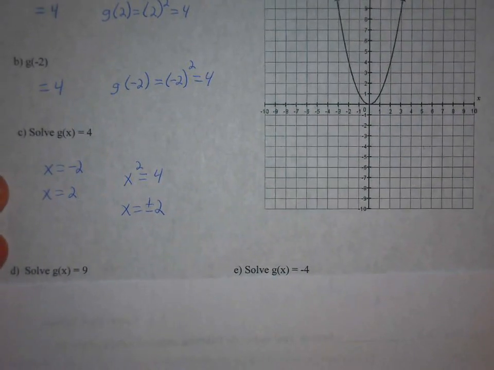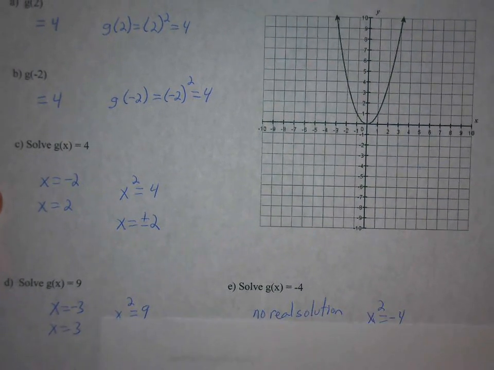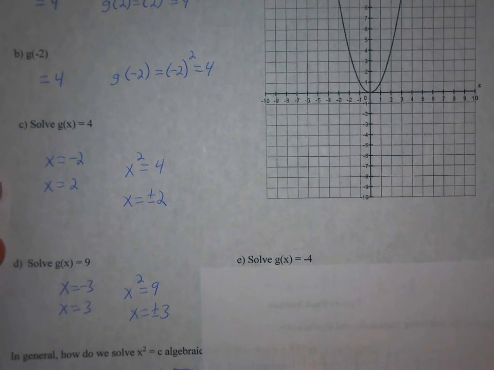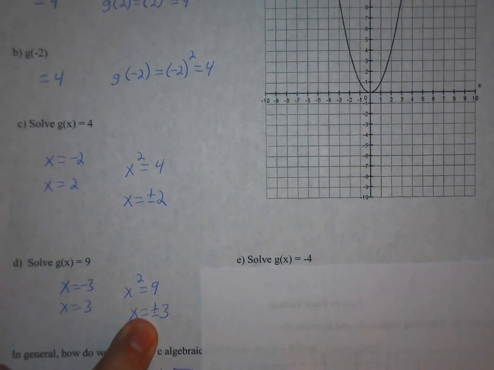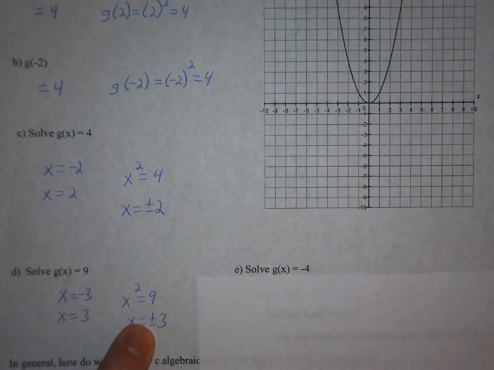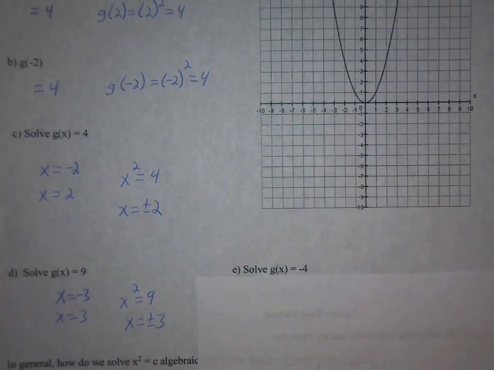To solve g of x equals 9, you're solving x squared equals 9. Well, what can you square to get 9? We know we can get positive 3 or negative 3. Right now, to solve that, we just have to think in our head, what can you square to get 9? And again, that negative 3 is something people will miss every single time.